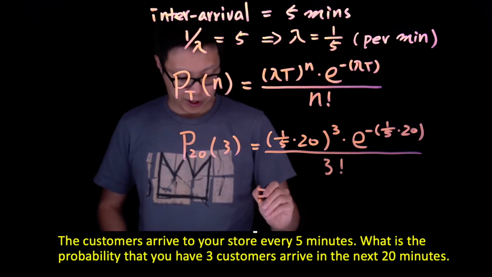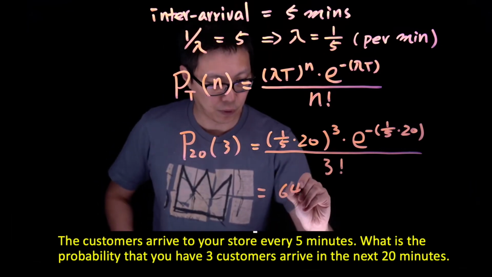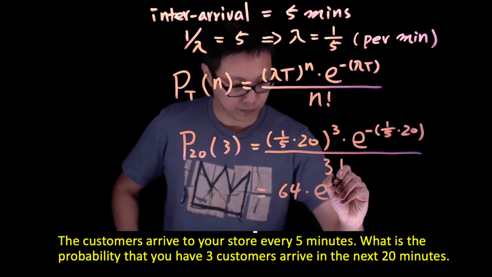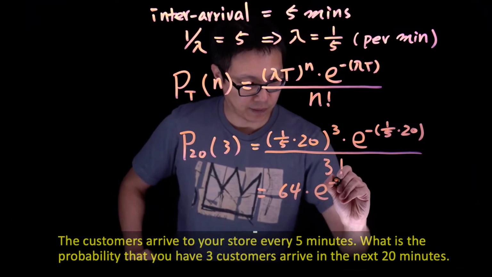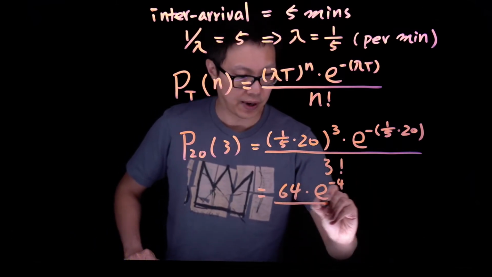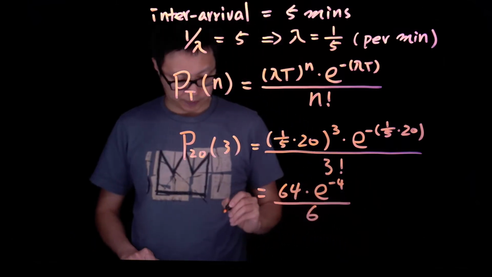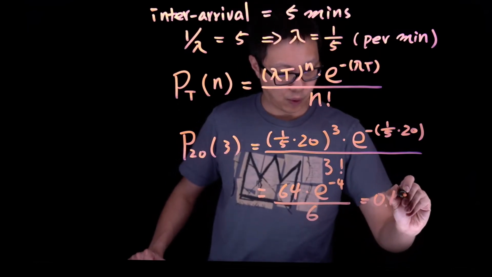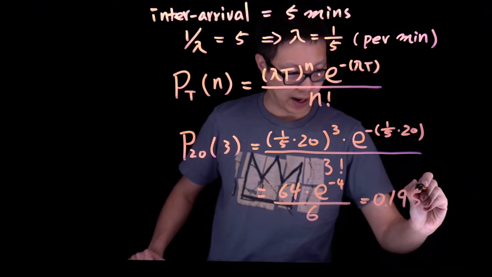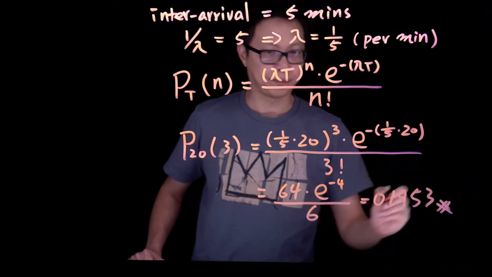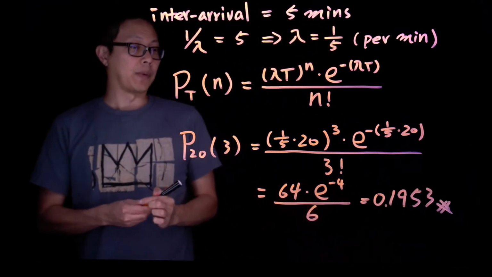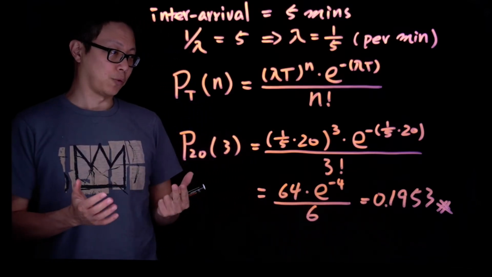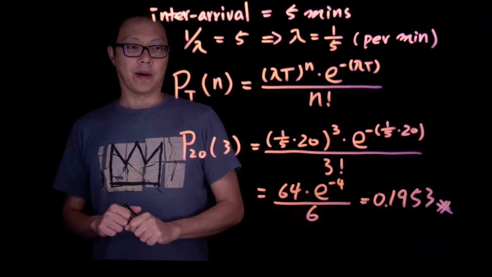So what we have here is 64 times exponential negative 4 divided by 6. And the answer will be 0.1953. So the probability that you will get exactly 3 arrivals in the next 20 minutes will be 0.1953.